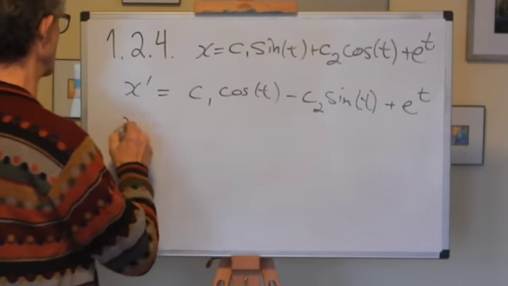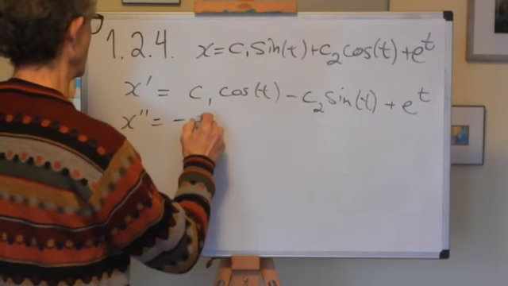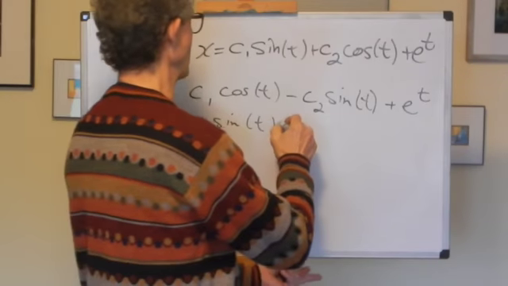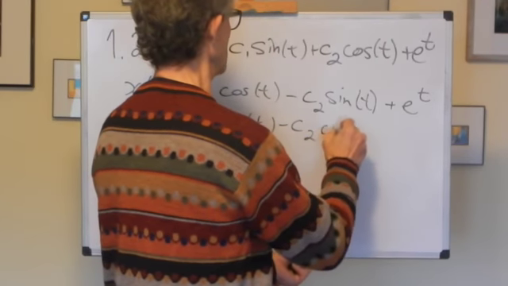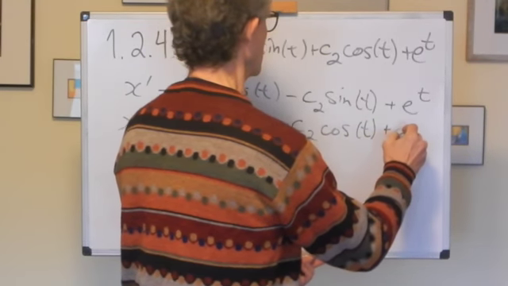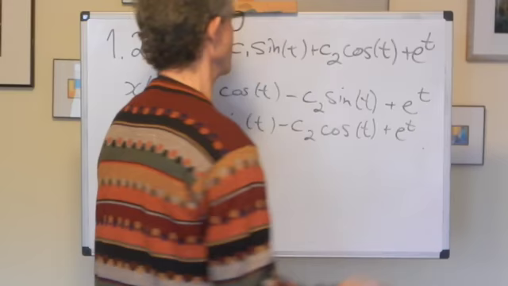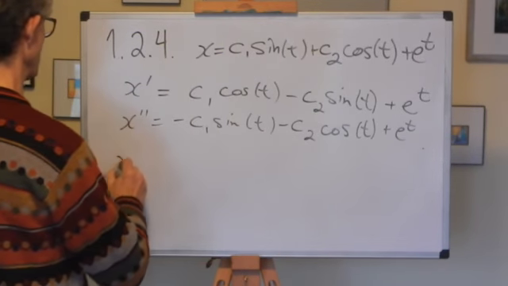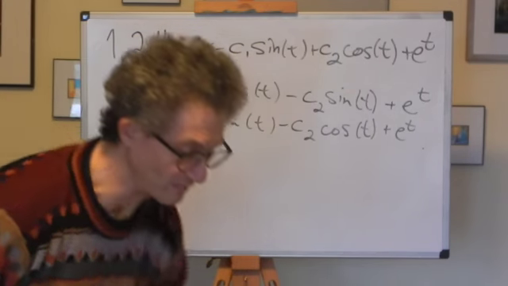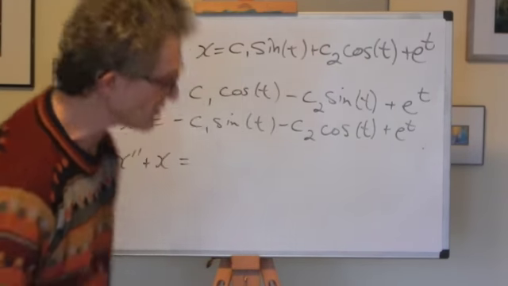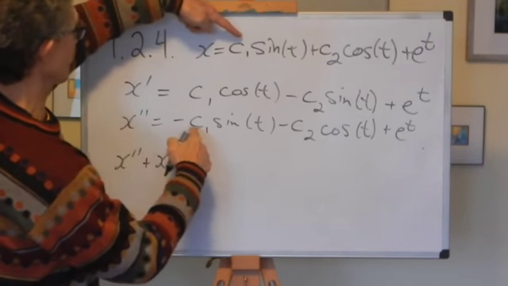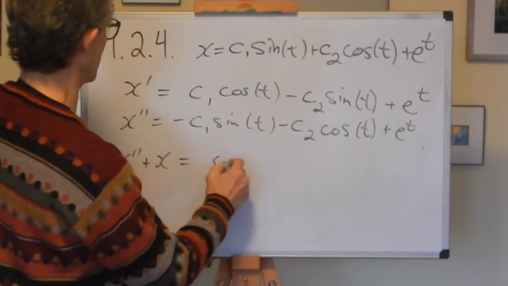And so the second derivative is minus c1 sine t minus c2 cosine t and e to the t. And so our equation is x double prime plus x on the left-hand side, and that is equal to, let's see, we're adding c1 sine t with minus c1 sine t, so that gives 0.